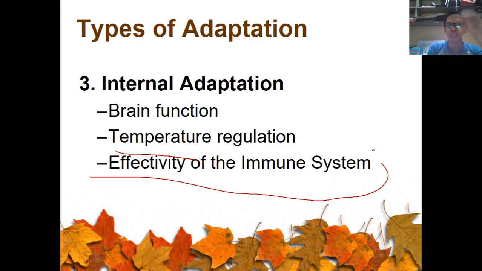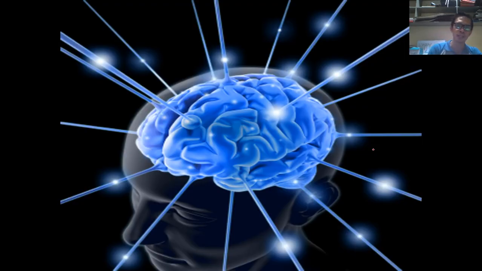Alright, so these are internal adaptations of some organisms that enable them to survive in that particular environment, or in the situation given to that particular environment. The human brain as well has different functions, and this function depends on what kind of situation that particular organism underwent.